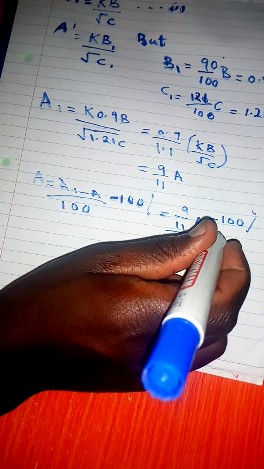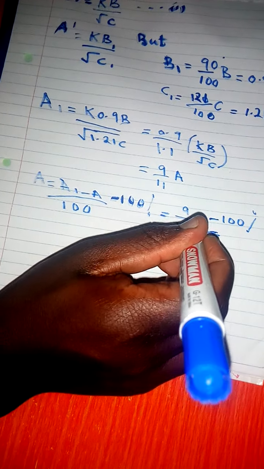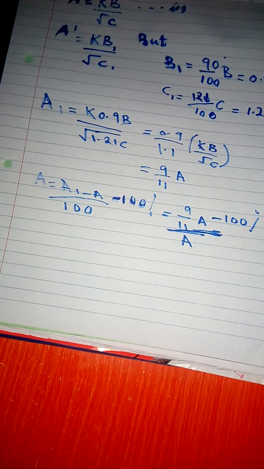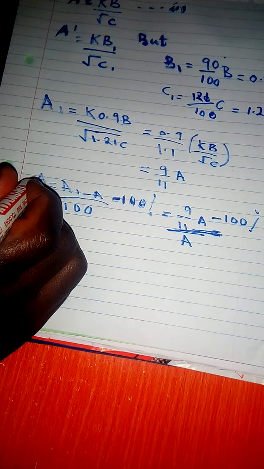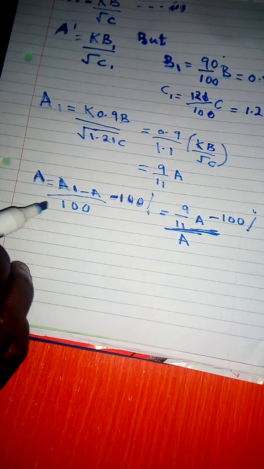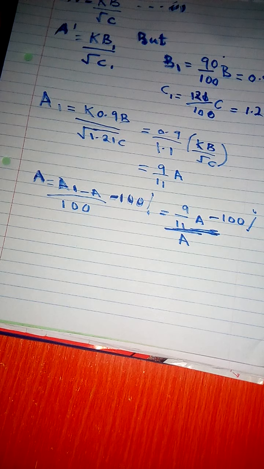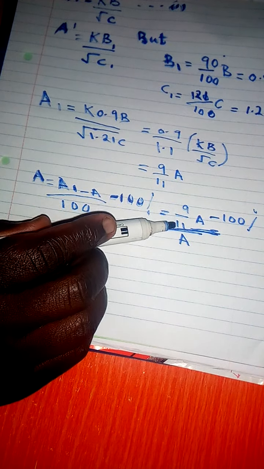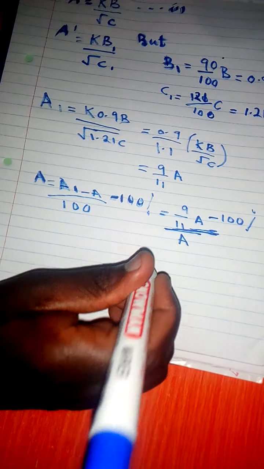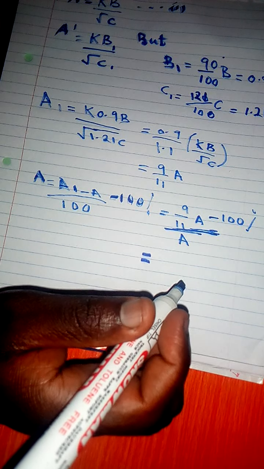This is very important to note. We are interpreting percentage change and substituting the values accordingly. The percentage change in A is A1 minus A over A, times 100. So that means that we will have 9 over 11 A minus A over A, times 100.